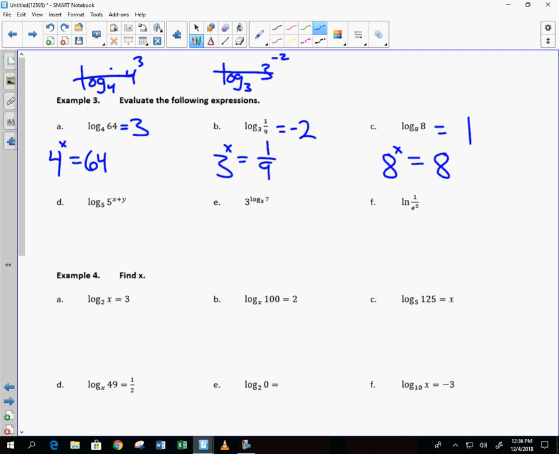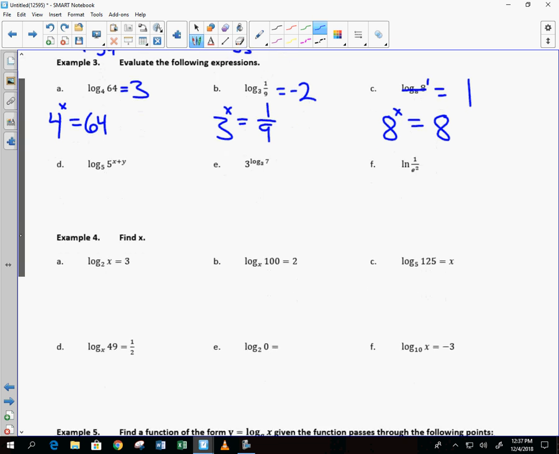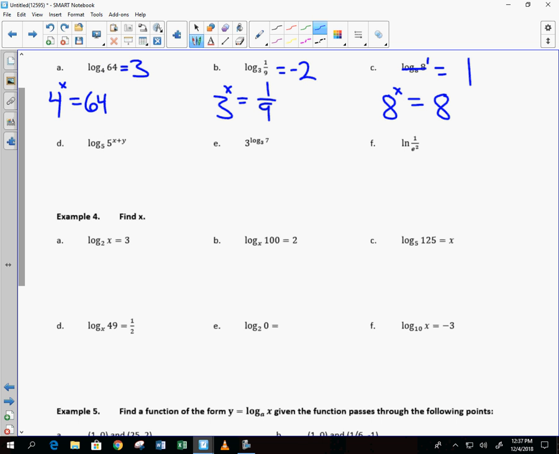They cancel each other off, leaving you with negative 2. Log base 8 of 8 to the 1. They cancel each other off, leaving you with 1. So log base 5 of 5 to the x plus y. What's going to happen? Leaving you with x plus y.